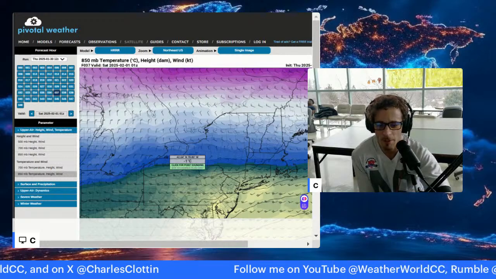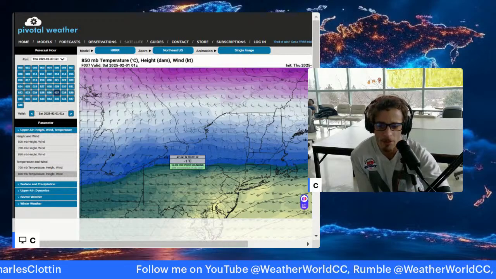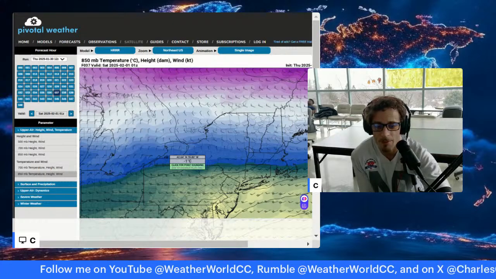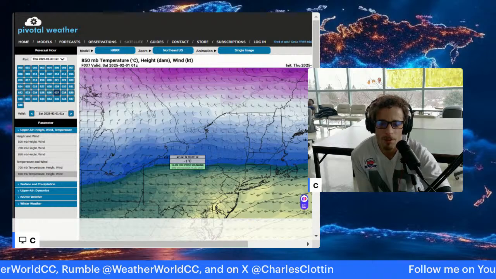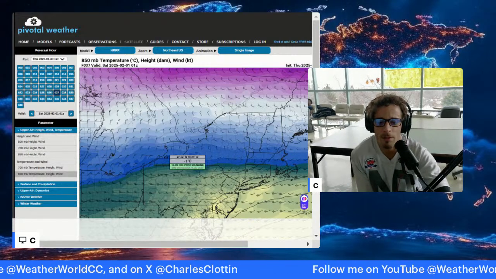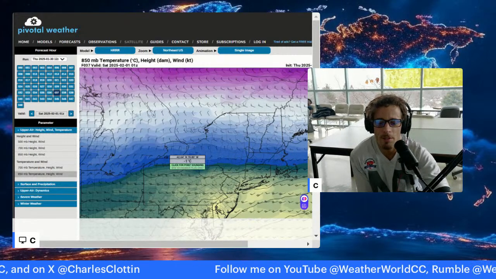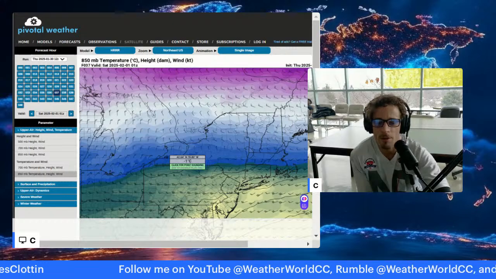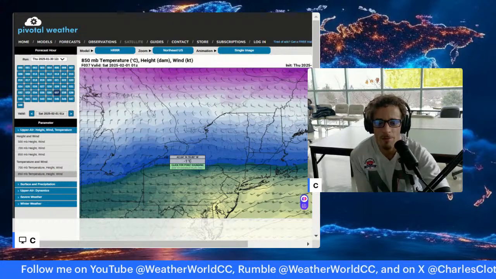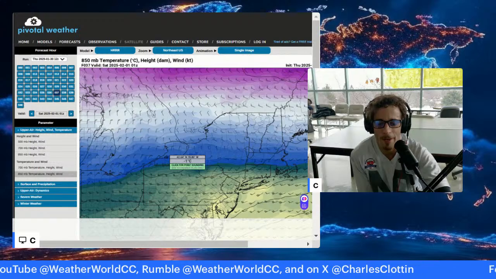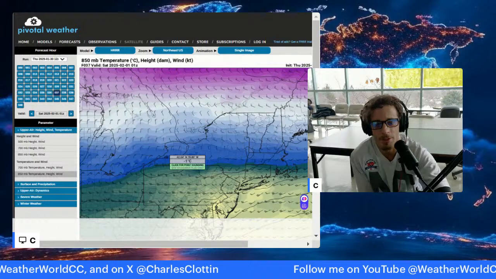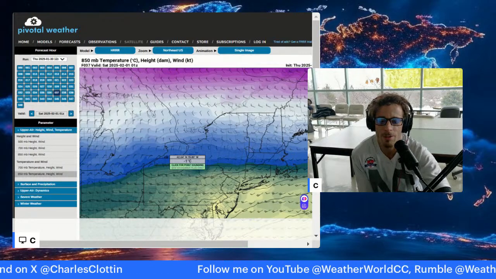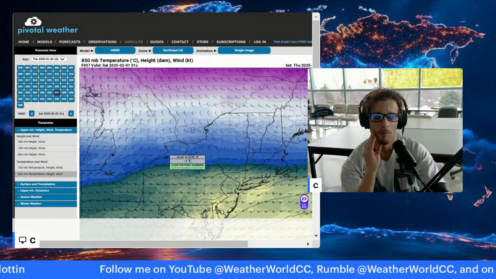Looking from here into the 850 and 700. It's kind of frozen, but see where the 700 flow in the same frame was going more westerly. 850 is going straight down from the north, which I find very interesting.